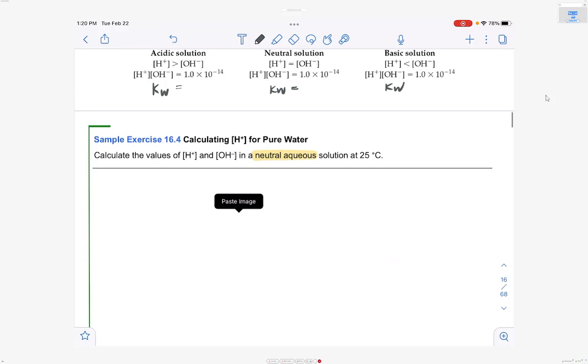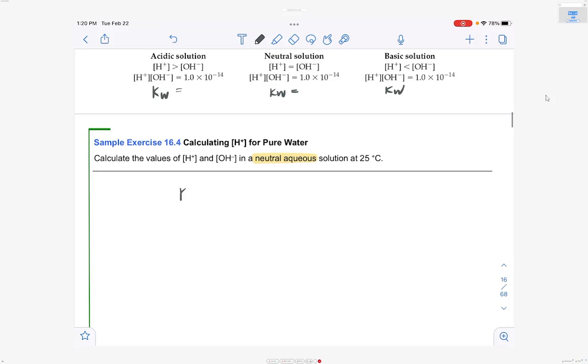Let's start by writing the Kw expression. So the Kw is proton concentration times hydroxide concentration. Since we don't know these concentrations, we're going to represent them by writing X. X times X, because their numerical values equal each other.